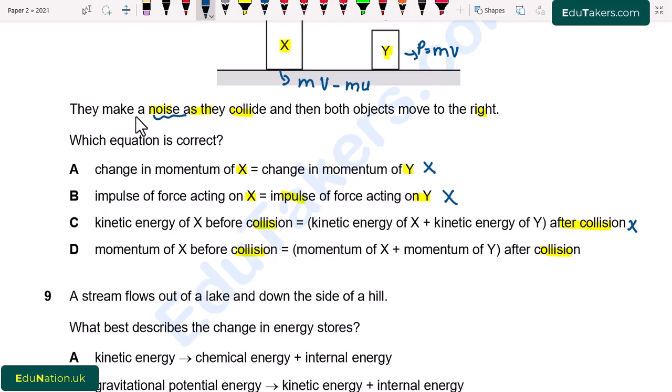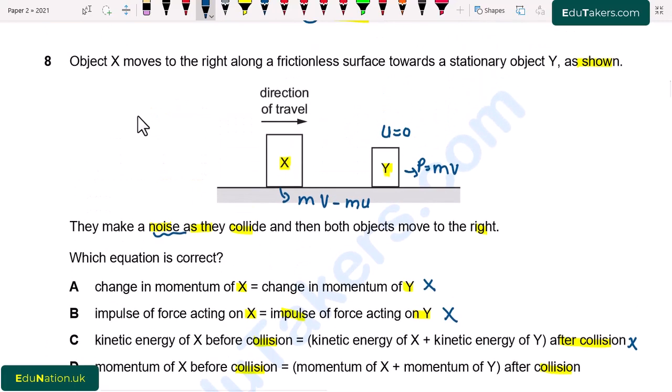Last one is D. The momentum of X before collision is equal to the momentum of X plus momentum of Y after collision. So this is actually the law of conservation of momentum, that the total momentum before collision is equal to total momentum after collision. Before collision, the object Y is stationary.